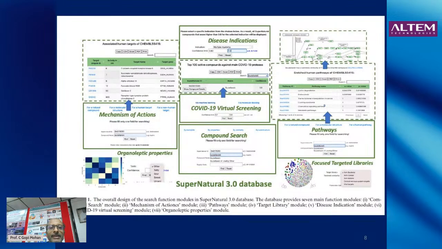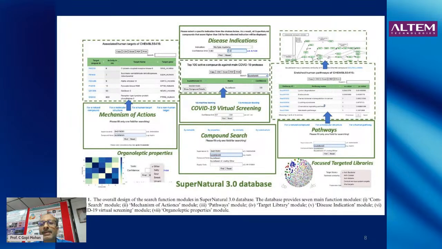So here you can see the different applications of this one, and there are some examples with respect to COVID-19 as well as other pathways. There are various functionalities available in this, including the ChEMBL database they have integrated, and you can also get the mechanism of action and the disease indications.